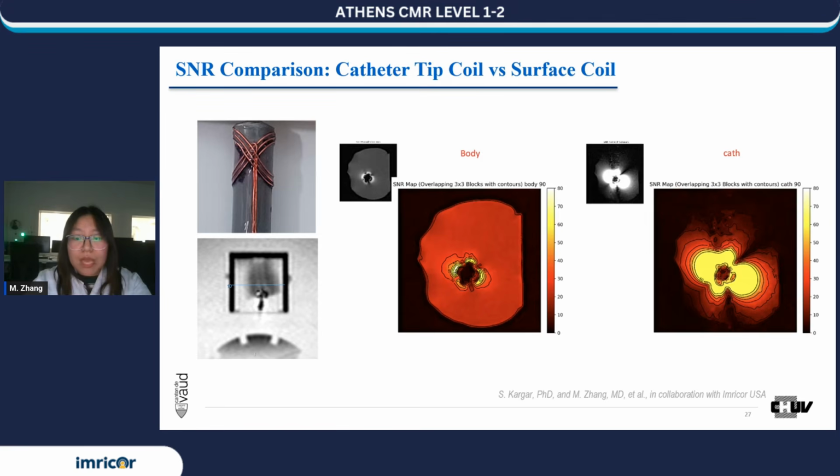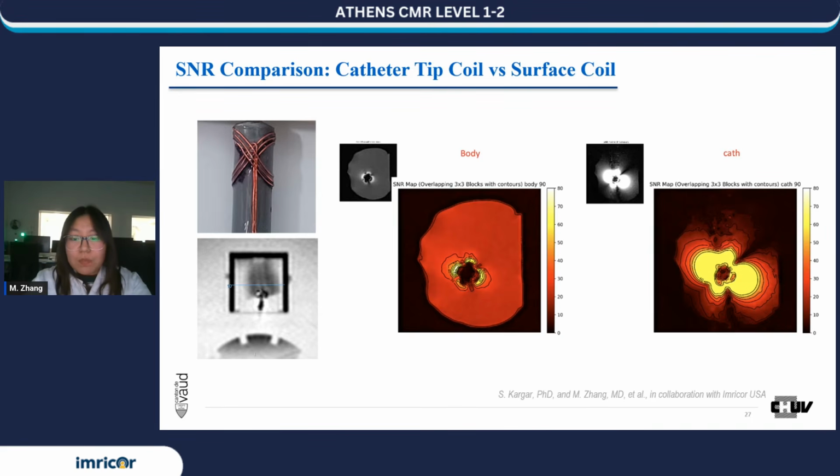In the middle, we have the SNR map obtained using the surface coil. The image was acquired at the level of the catheter tip. As you can see, the center SNR remains under 40. On the right side, we see the SNR map obtained using only the catheter tip coil.